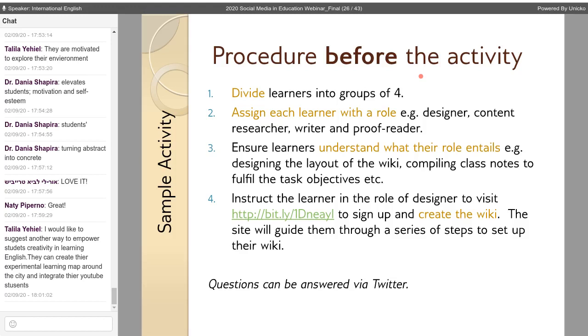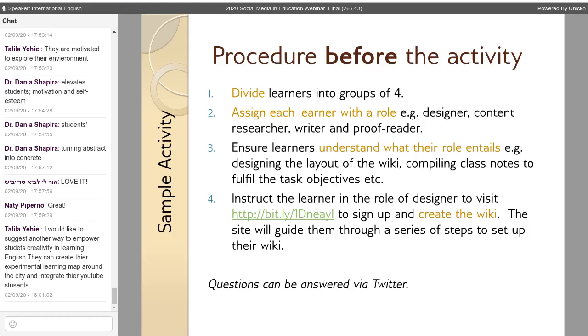Next, we ensure learners understand what the role entails, designing the layout of the wiki, compiling class notes, and so on. Then we instruct students to visit the wiki page and to create the wiki.